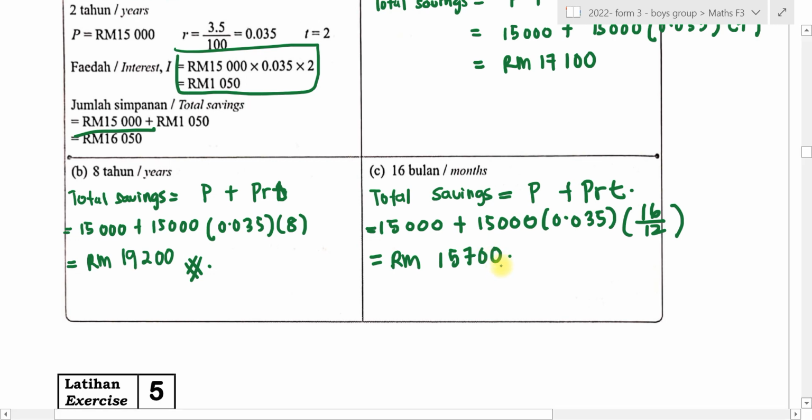In case you are using an MS calculator, I think you just key in like this: 15,000, then bracket 0.035, then put 16 divided by 12 inside a bracket, then plus 15,000. You should be getting this. Try this out.